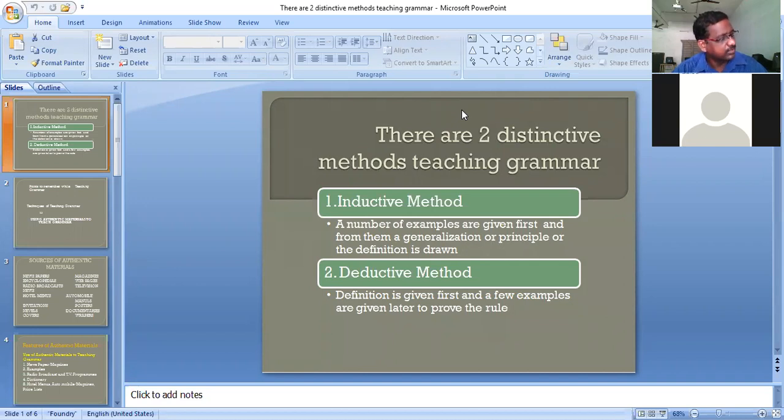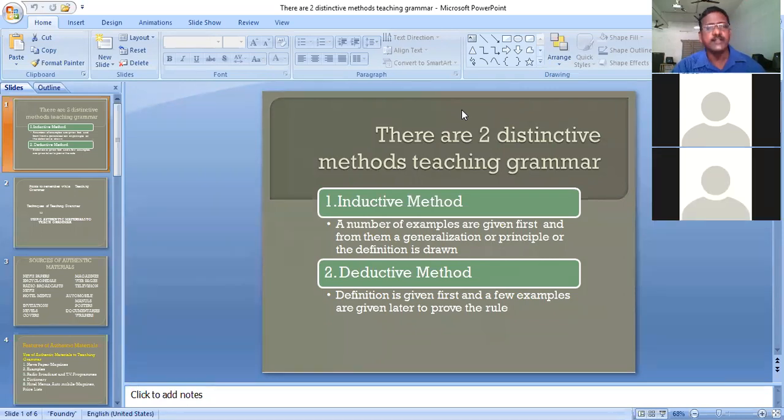The other point is creating situations. We can create some situations and learn grammar incidentally.